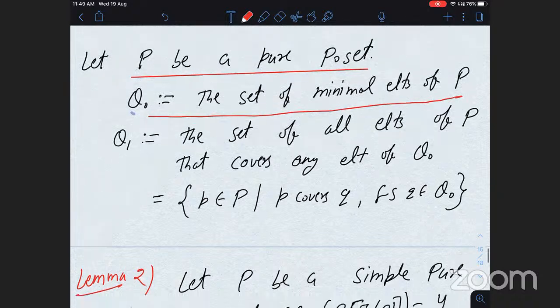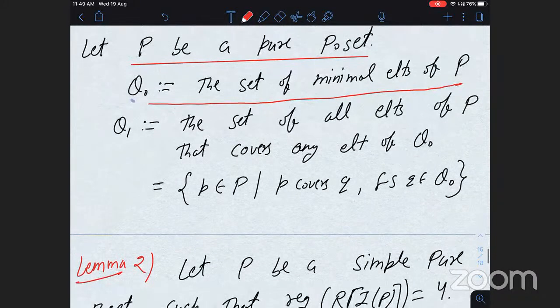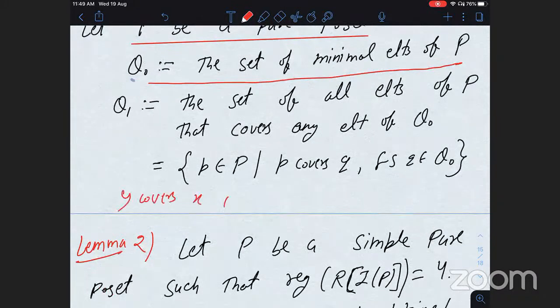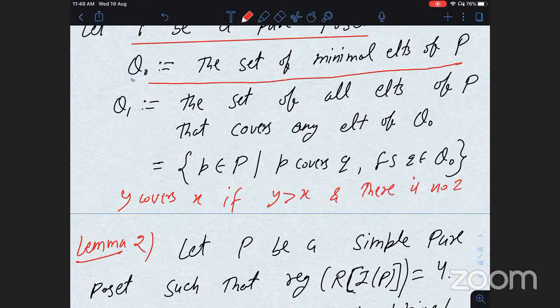Let me define what covers means again. Y covers X if Y is greater than X and there is no Z belonging to P with Y greater than Z greater than X. So we defined this earlier. That means Q1 is the set of all elements that cover some minimal element.